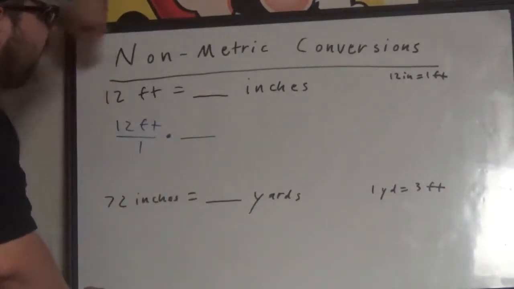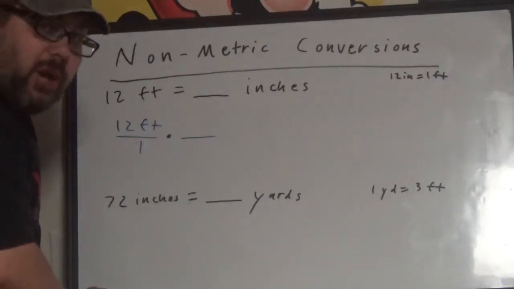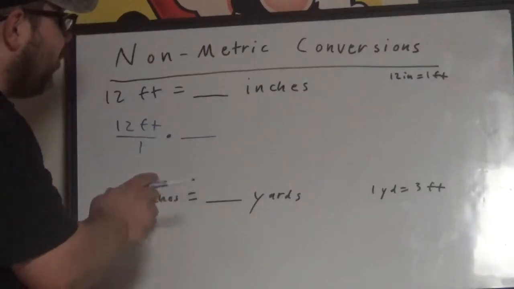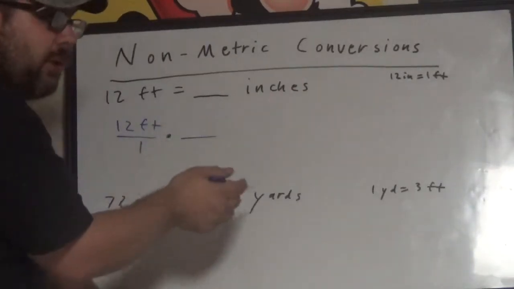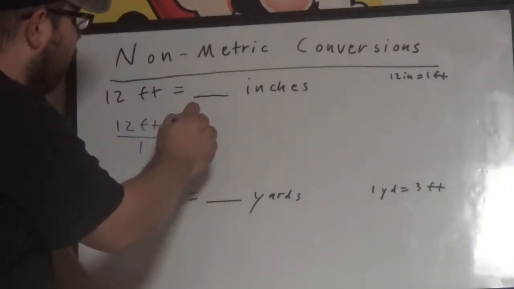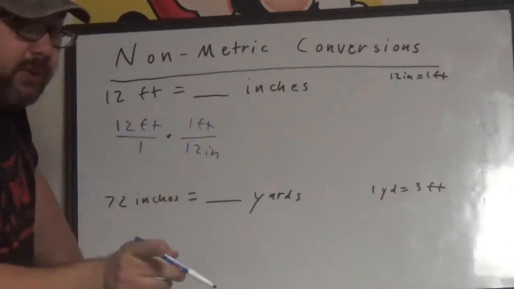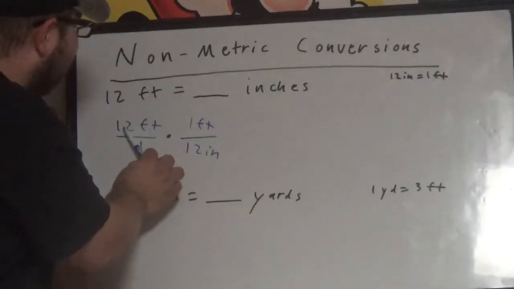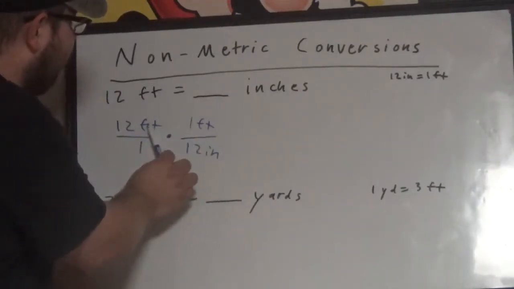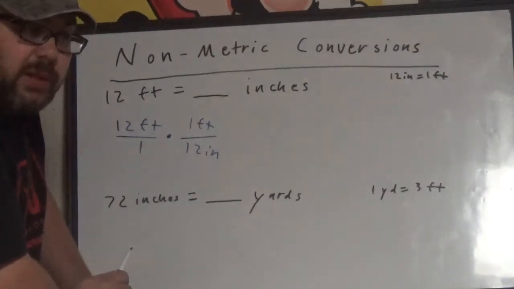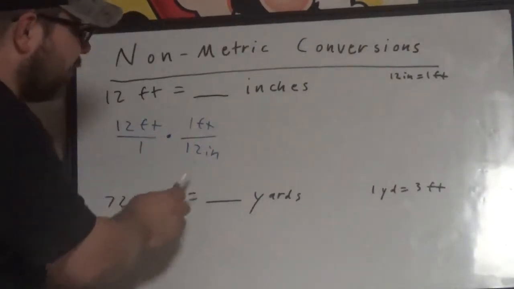But a question could be, how do you know which one to put on top and which one to put on bottom? We know we've got 12 inches in 1 foot. If I put 1 foot over 12 inches, I would get feet times feet, so I'd have square feet over inches.